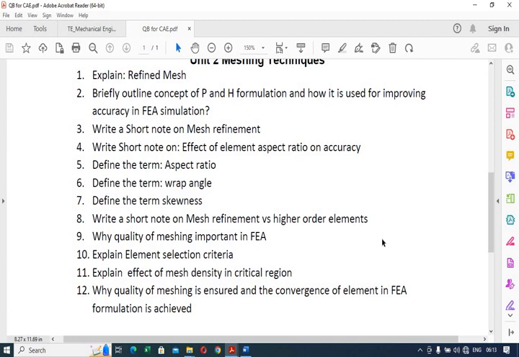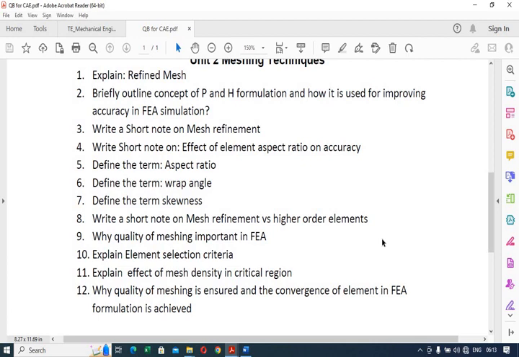Apart from that, a few questions can also be asked, which are: why is quality of meshing important in FEA? This question can also be a part of your end semester examination. The quality of the meshing is important in order to get accurate results. So with this first point, you can go for the proper content in your answer.